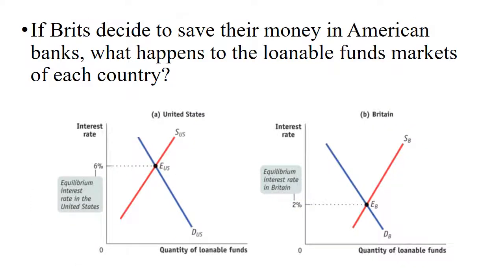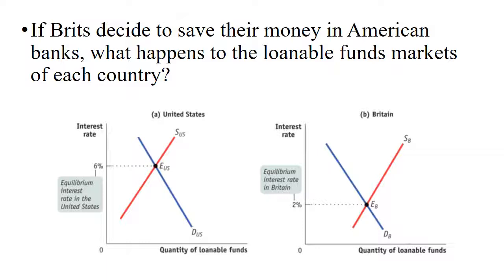Considering the fact that the United States has a higher real interest rate than Britain, we talked about how people in Great Britain would feel compelled to save their money in American banks. Especially if both countries view the other option as an equally good choice, an equally safe choice. As you know, there are some countries that don't have banks that are as high quality in terms of, is your money protected?